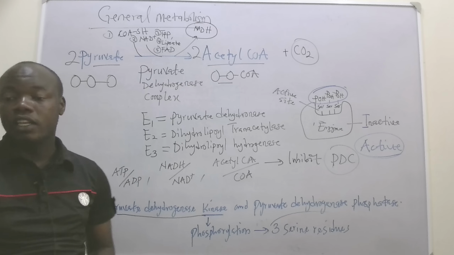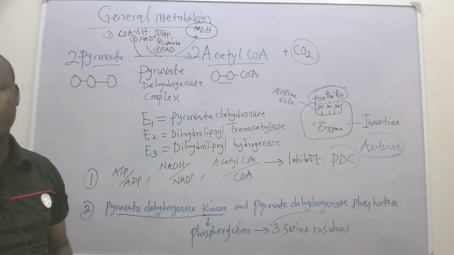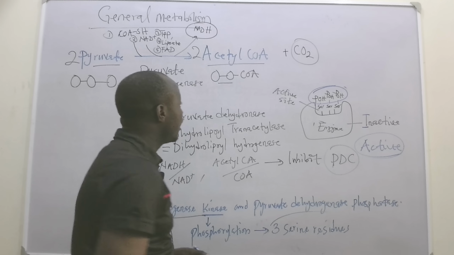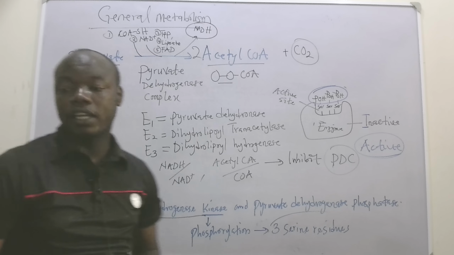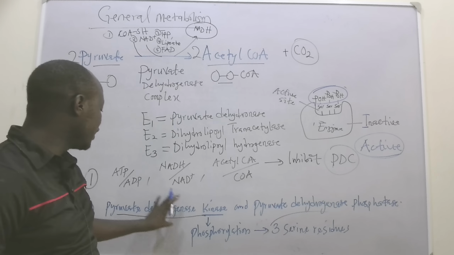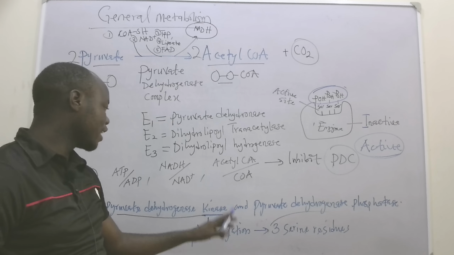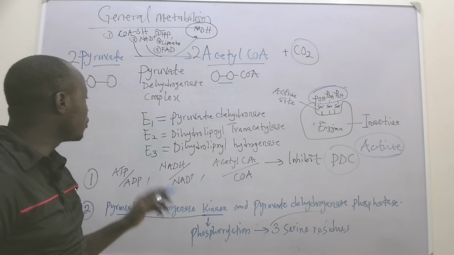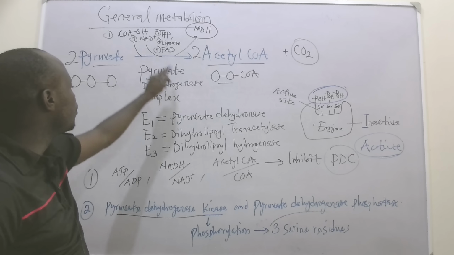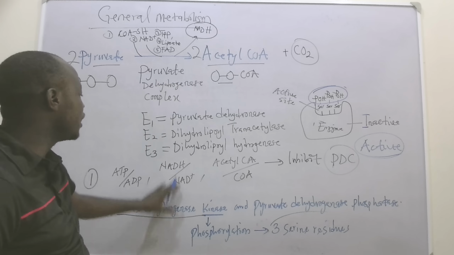Then the next one is allosteric regulation. But which of the enzymes is activated or inactivated by pyruvate dehydrogenase kinase and phosphatase? We said that the complex consists of three enzymes.